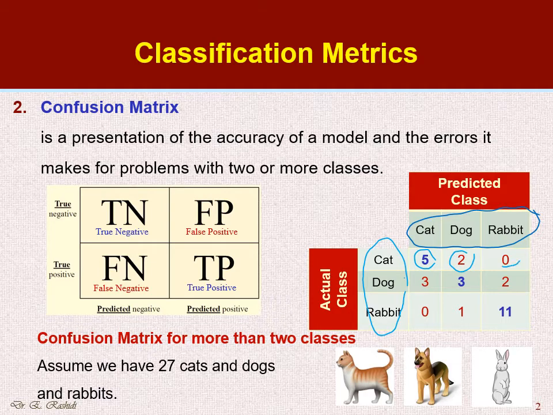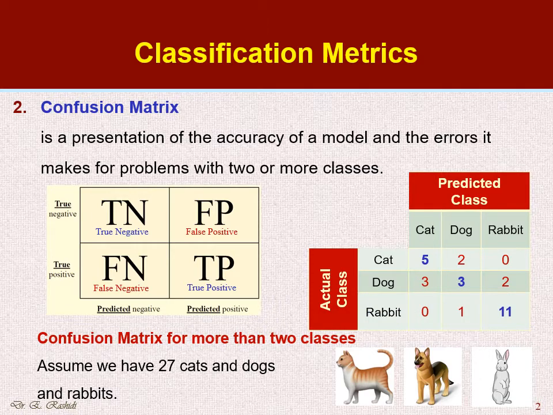No cat has been predicted as rabbits. 3 dogs have been predicted as a cat, and 3 dogs have been predicted correctly as a dog, and 2 of the dogs have been predicted as rabbits here. Also for rabbits, 0 rabbits have been classified as cat, 1 rabbit has been classified as dog, and 11 rabbits have been correctly classified as rabbits.